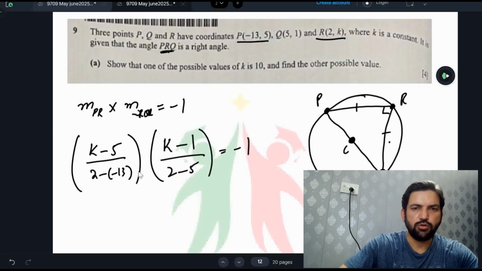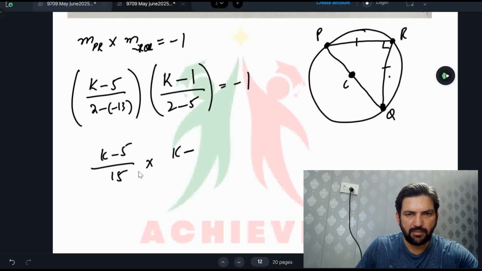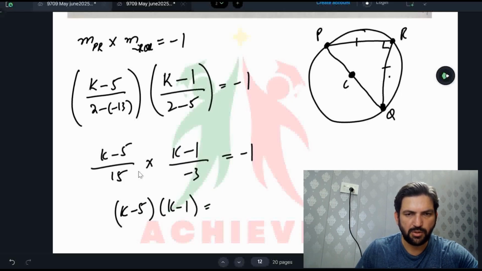So we can write it as (K minus 5) divided by 15 multiplied by (K minus 1) divided by -3 is equal to -1. So (K minus 5) into (K minus 1) is equal to -1 multiplied by 15 multiplied by -3.